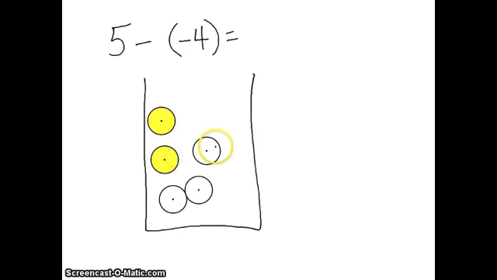Now there's a problem, because we're supposed to take things out of the jar, but we're supposed to take -4. So we're supposed to take 4 negative chips out of the jar.